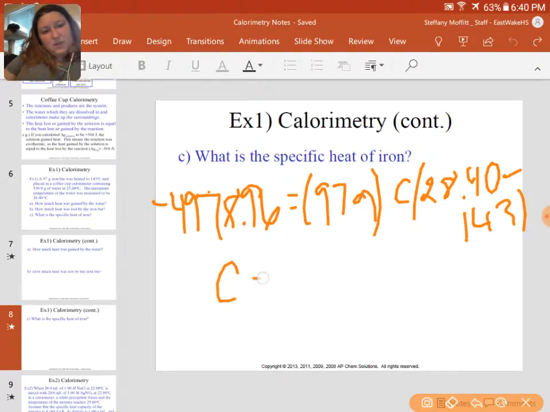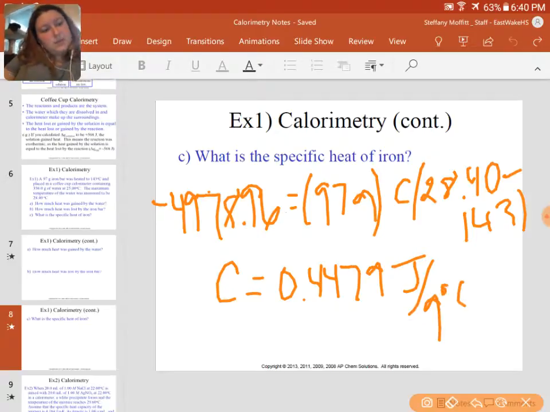I do the math, and my C comes out to 0.4479. And that's going to be joules per gram degree Celsius.